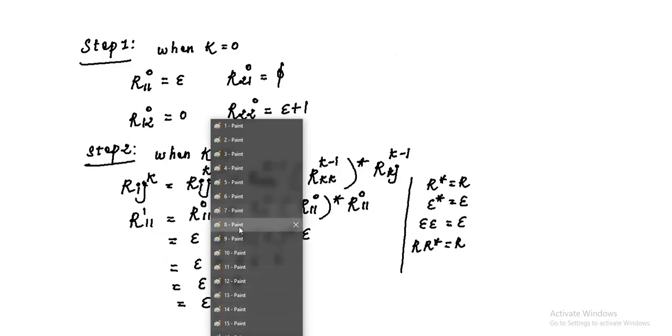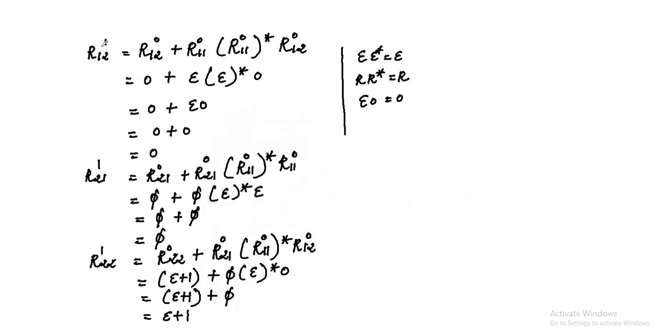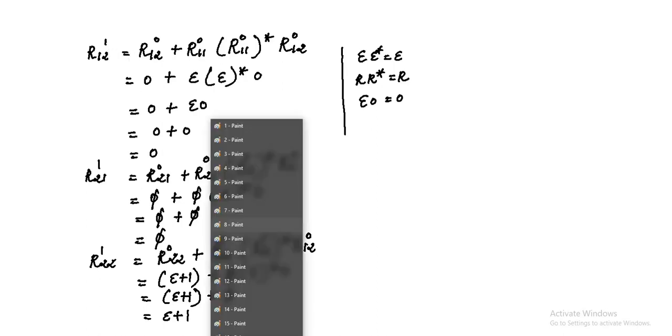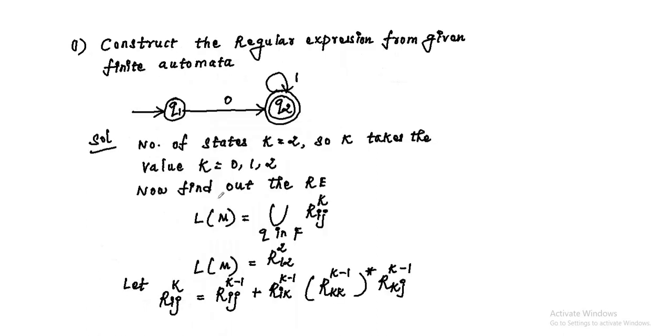Next combination is R12 raised to the power 1. Here i value is 1, j value is 2. Here apply the formula. We already know the formula: Rij raised to the power k equals Rij raised to the power k minus 1 plus Rik raised to the power k minus 1 into Rkk raised to the power k minus 1 whole star into Rkj raised to the power k minus 1.